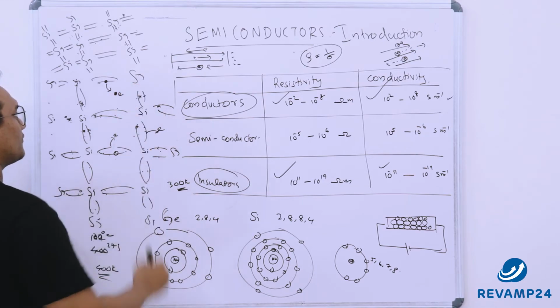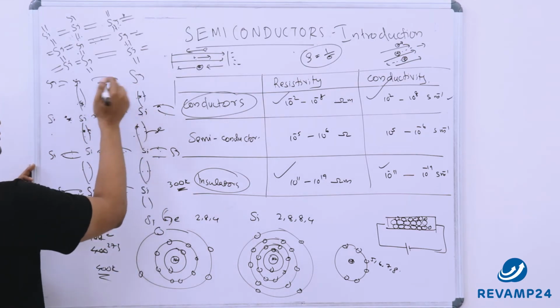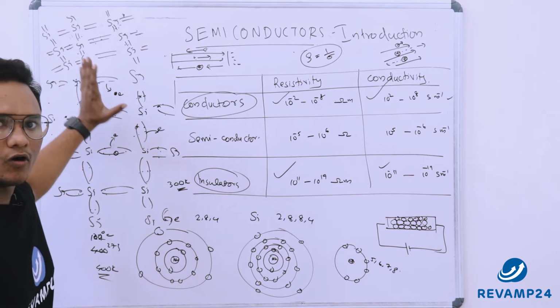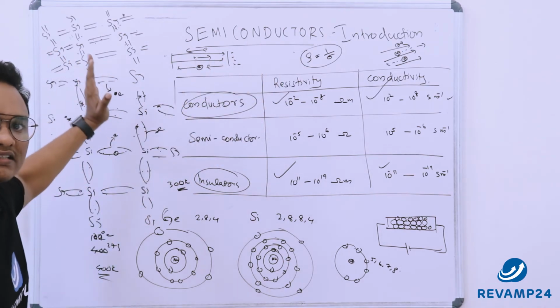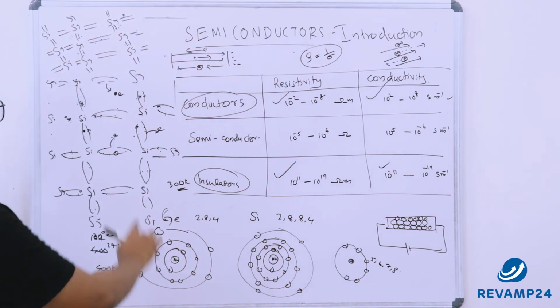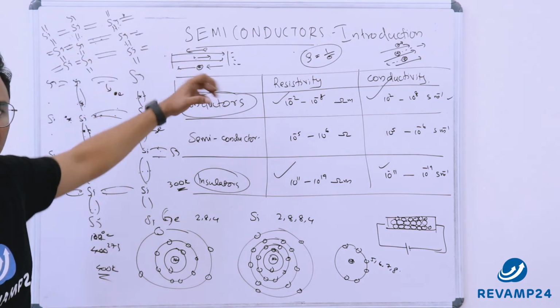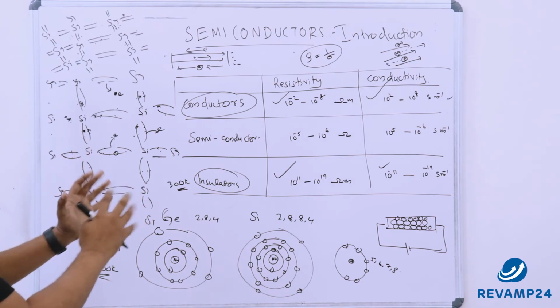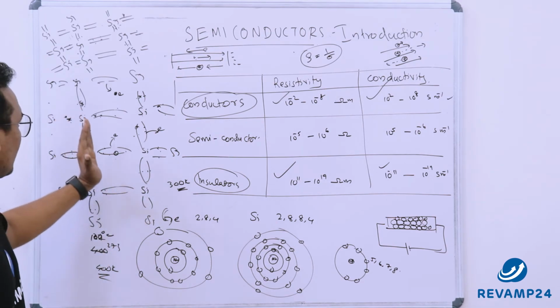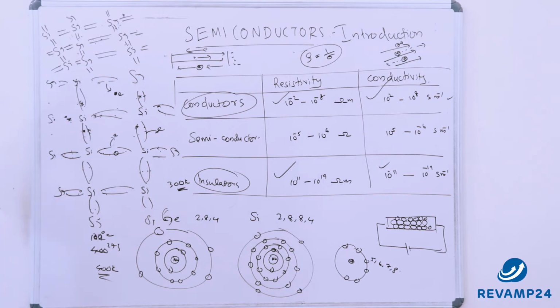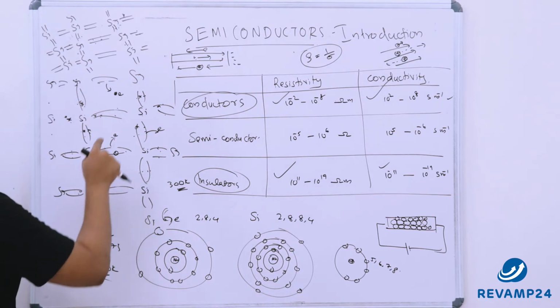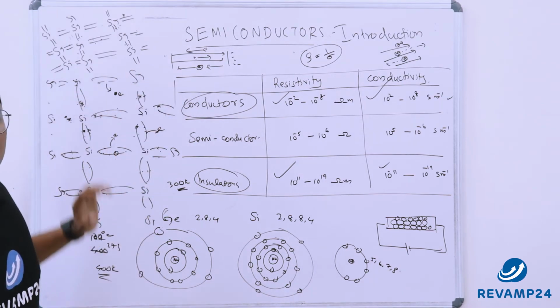Previously that was a bonded electron, which cannot contribute to conduction because these are not free charge carriers. Now, at higher temperature, this electron will get energy and jump from its bonded, shared condition, and become a free electron here.